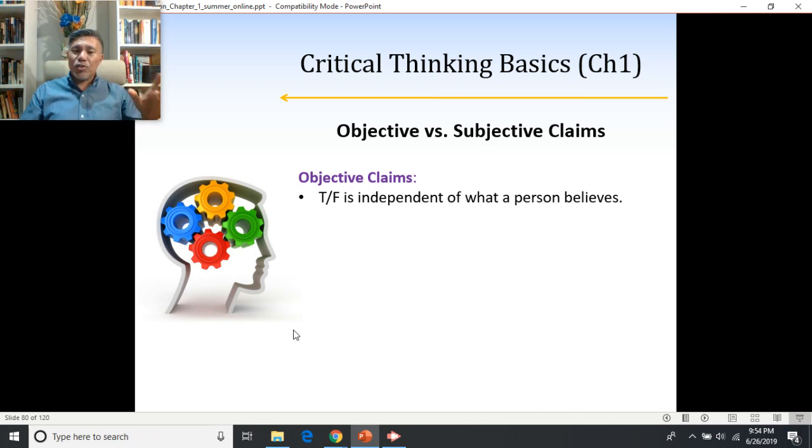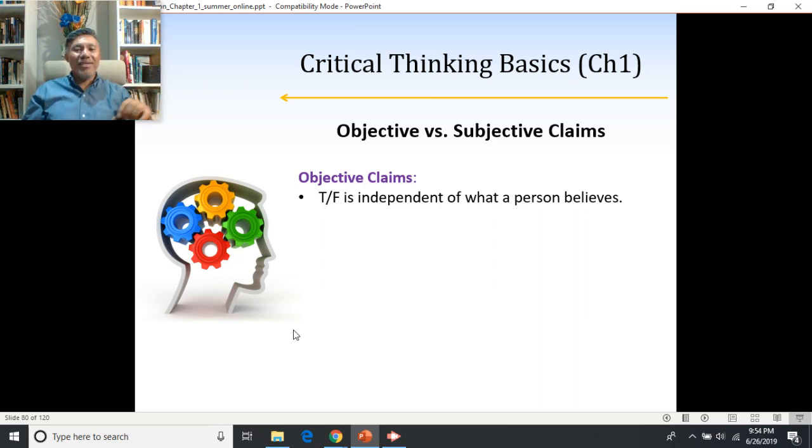Objective claims are true or they can be false, but it is independent of what a person believes. It's just how it is in the world. If I said to you, look, I'm holding a remote control for my PowerPoint slides, I'm trying to give you an objective claim. I'm telling you a claim about the world that should be independent of somebody's personal belief system.